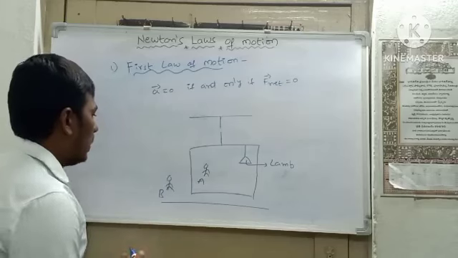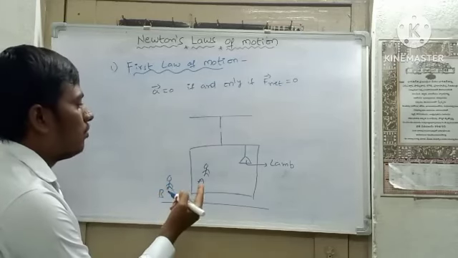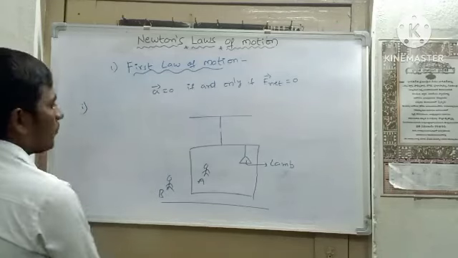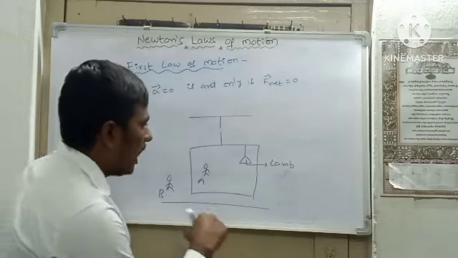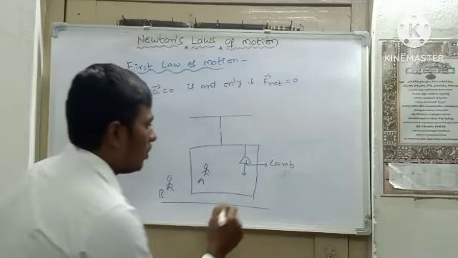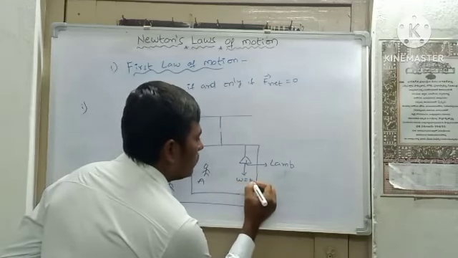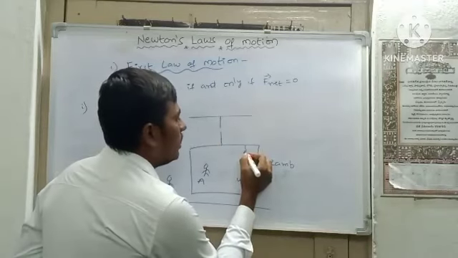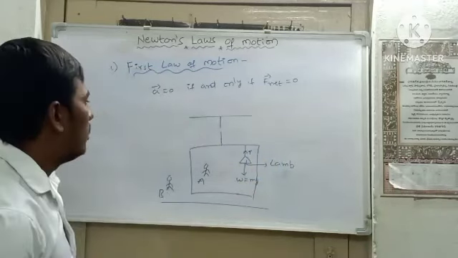In the first case, we are observing with respect to the cabin. The gravitational force is applied downward. So the gravitational force is equal to mg, in the downward direction, and tension T is in the upward direction.